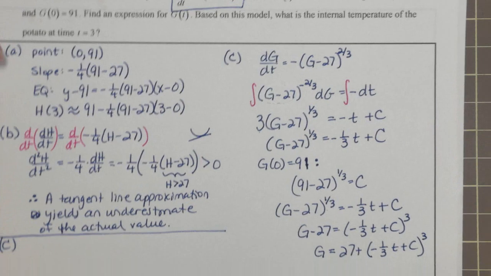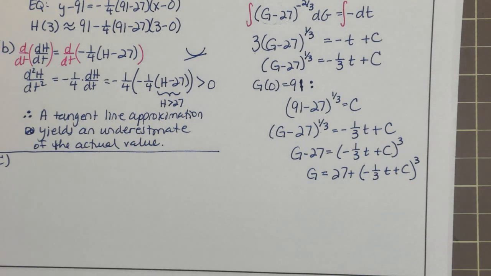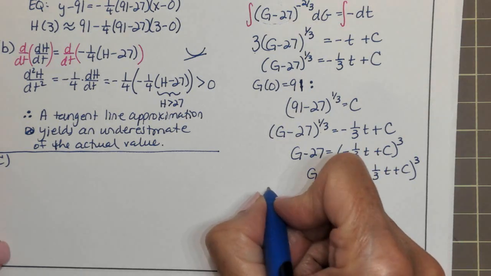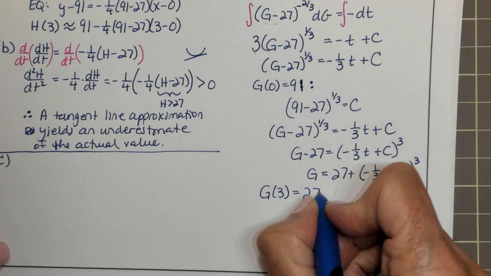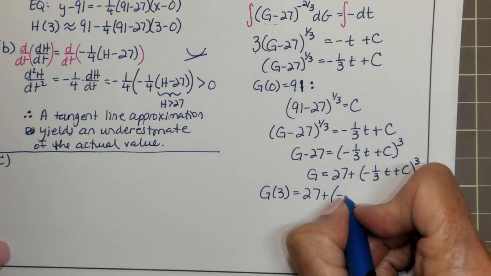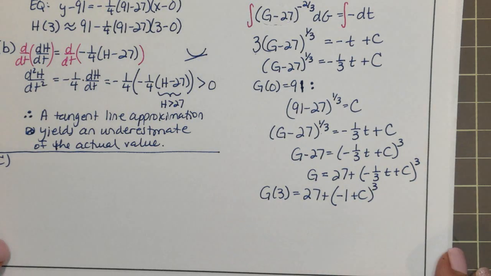Okay, so I separated, integrated, found c, and then solved for g. And now lastly, they tell me to put 3 in for t. So I will do that and call it good.